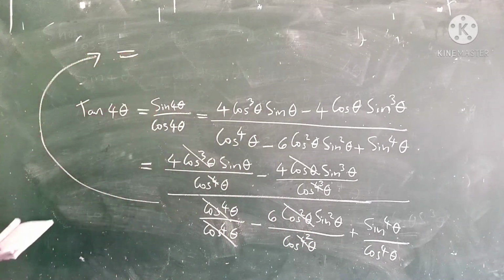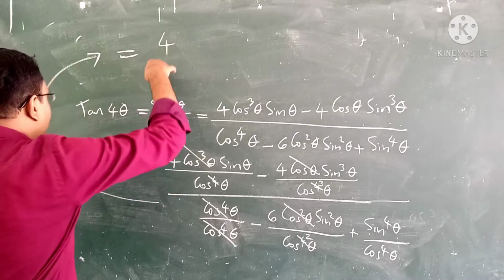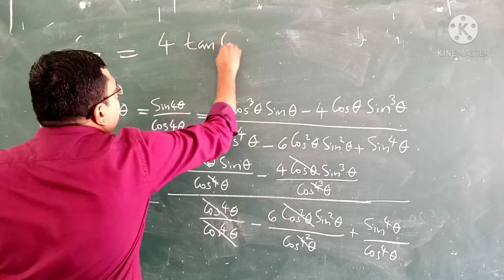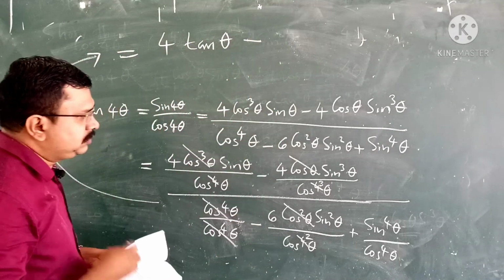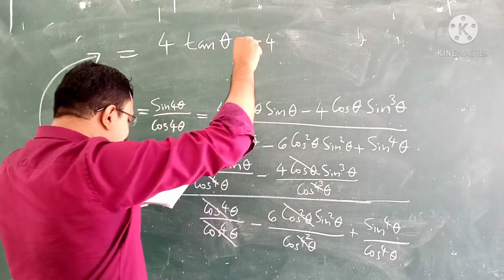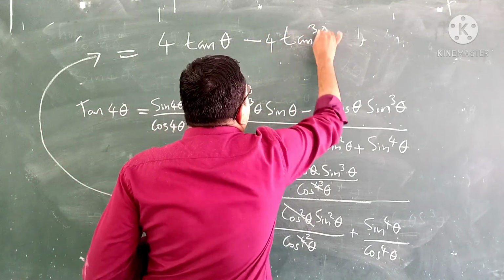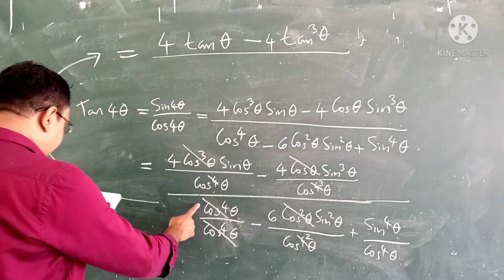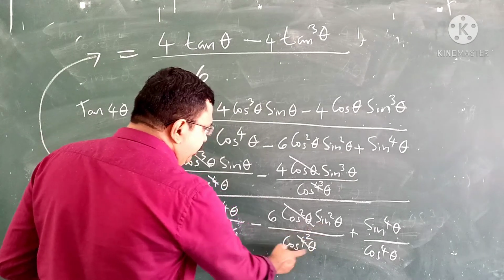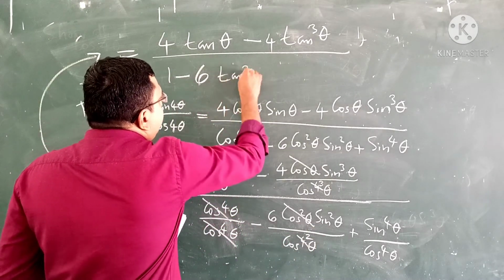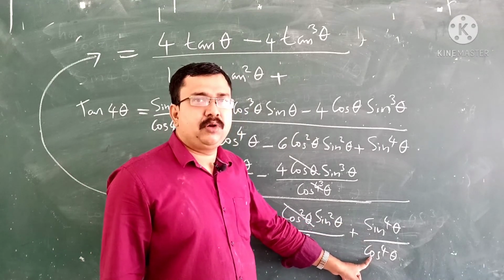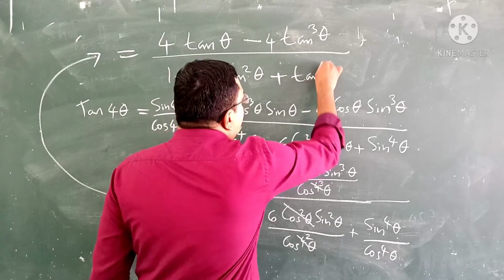It is equal to 4 into sin theta by cos theta, that is 4 tan theta, minus 4 sin cube theta by cos cube theta, that is 4 tan cube theta, the whole divided by 1 minus 6 into sin square theta by cos square theta, answer is tan square theta, and the last one is plus sin raised to 4 theta by cos raised to 4 theta, answer is tan raised to 4 theta.